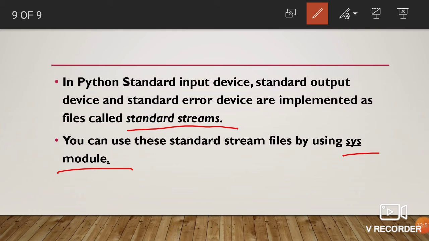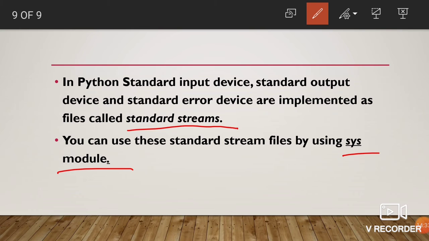So in this video we learned how to strip the data, how to strip the blank spaces, newline characters, and tabs from the line which we read from the readline function. There are three types of strip: strip, which removes the specified character from both ends; rstrip, which removes the given character from the trailing end, that is the right end; and lstrip, which removes the given character from the leading end, that is the left end.